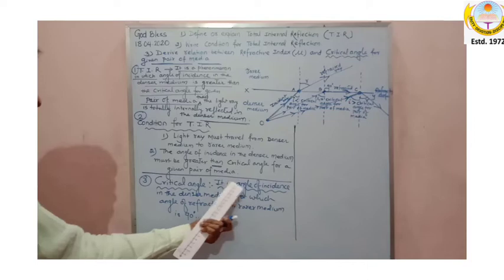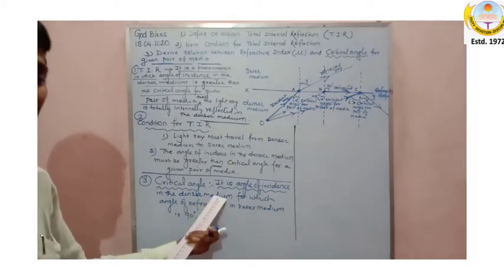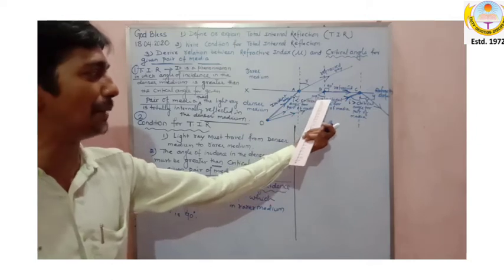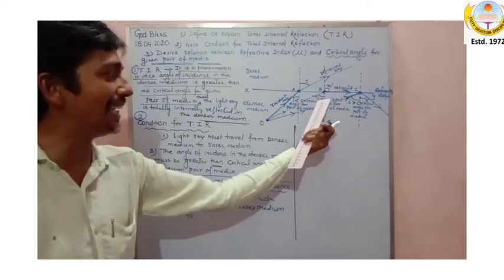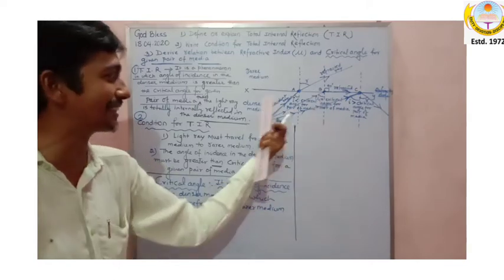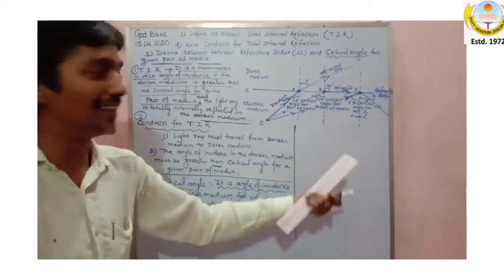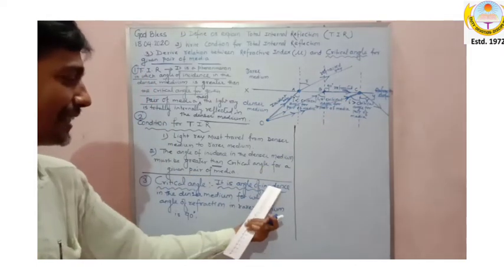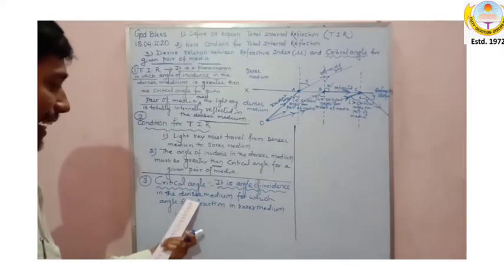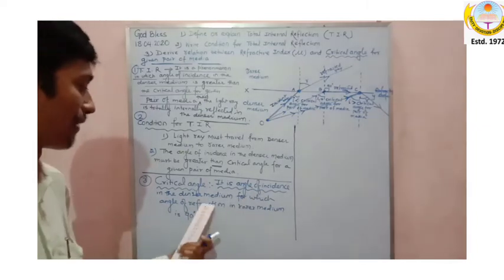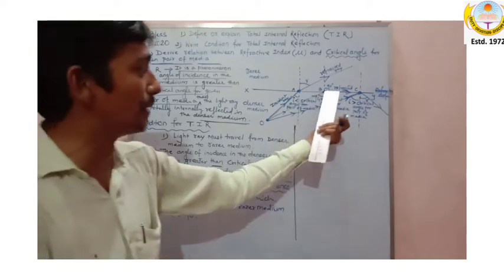It is the angle of incidence in the denser medium for which, look at my diagram number 2, I becomes the critical angle. I1 in my diagram, which is in the denser medium, becomes the critical angle.